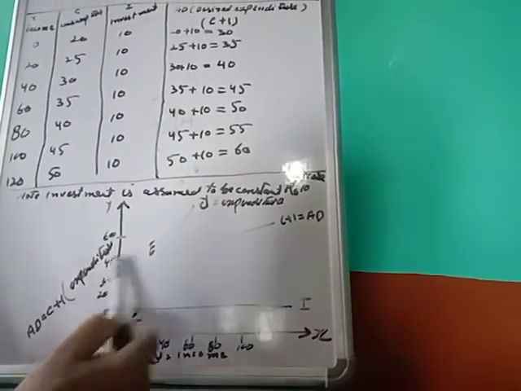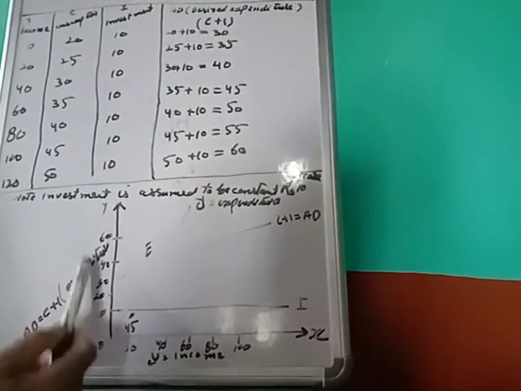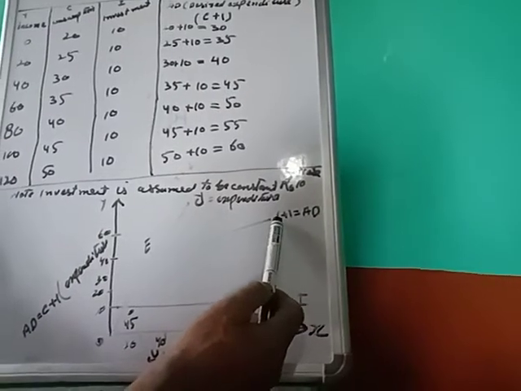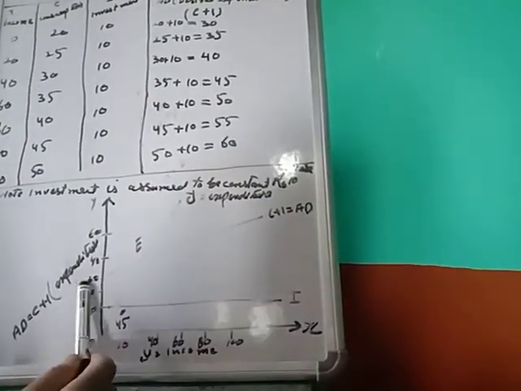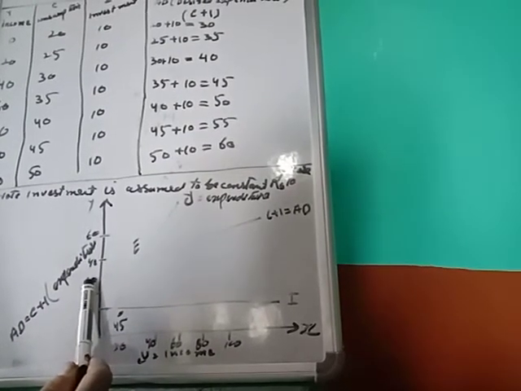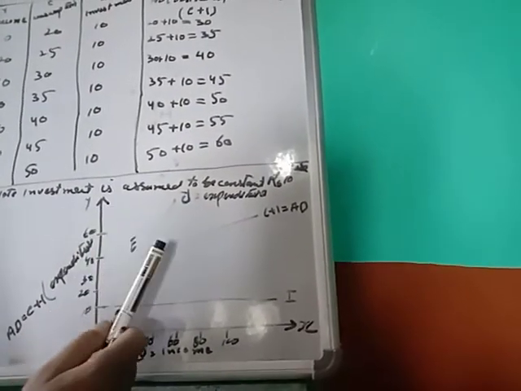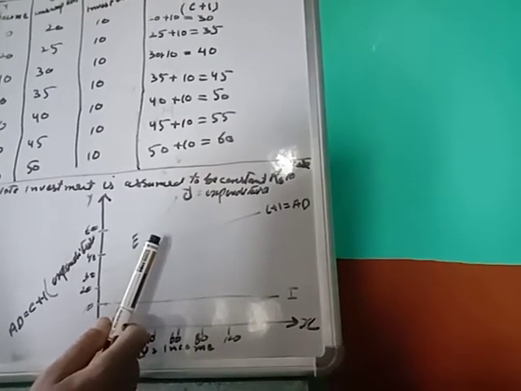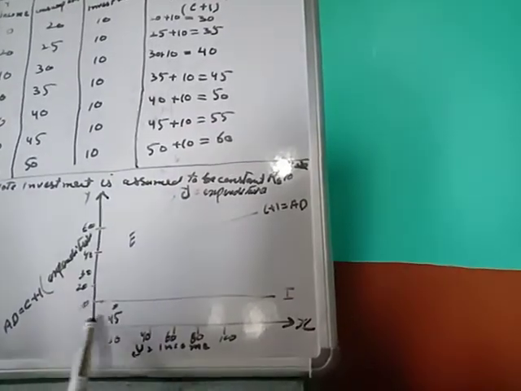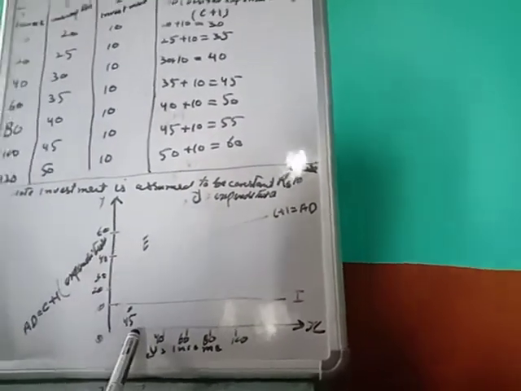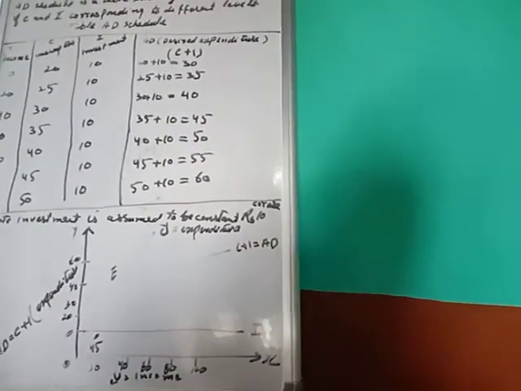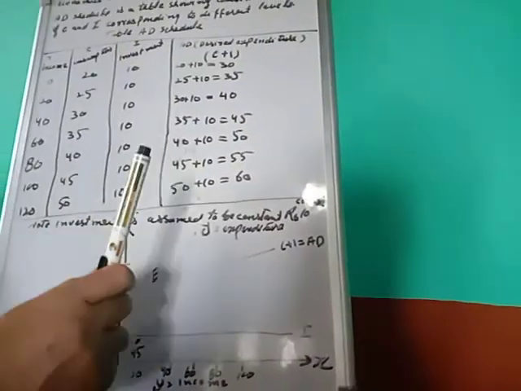AD is equal to C plus I, starting from 30. It suggests the minimum level of expenditure, independent of the level of Y in the economy. We have taken investment as rupees 10 crore, constant, for the sake of simplicity.